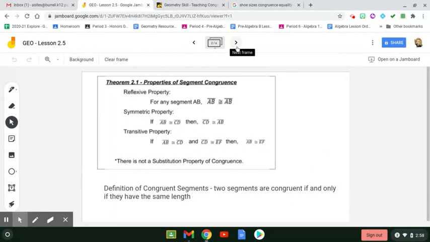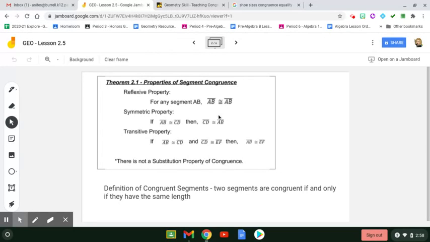So in this particular exercise, we're going to take a look at some properties that we've worked with in equality, but now we're going to be using them with congruence. So there was the reflexive property, and the reflexive property from before says for any segment AB, you can say segment AB is congruent to segment AB. So it's like the same thing on both sides.